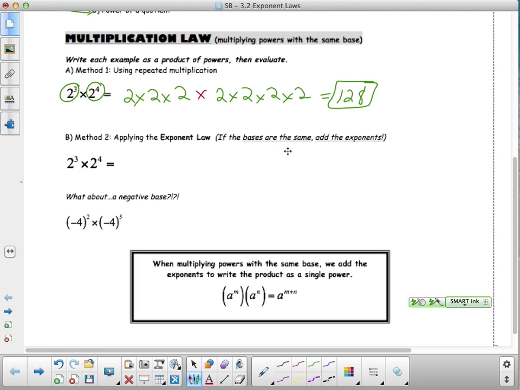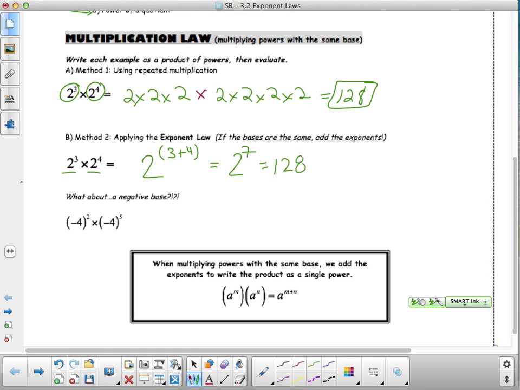Your bases have to be the same. If I have a 2 and a 2, I can add those together. So I'm just going to write my base, then take my exponents and add the 3 and the 4 together. This gives me 2 to the 7th power, and I know 2 to the 7th power is 128.